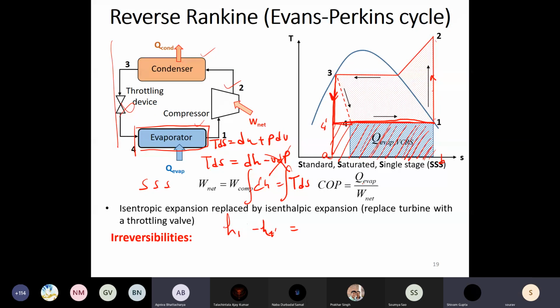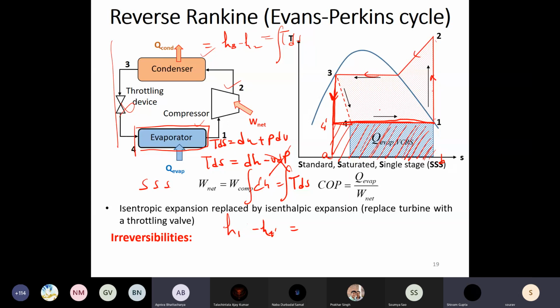Okay, similarly, I can conclude that the heat transfer in the condenser, which is nothing but H3 minus H2, is also the area under the curve from 2 to 3, because it is also occurring on an isobar.